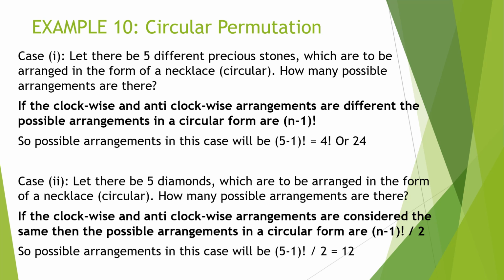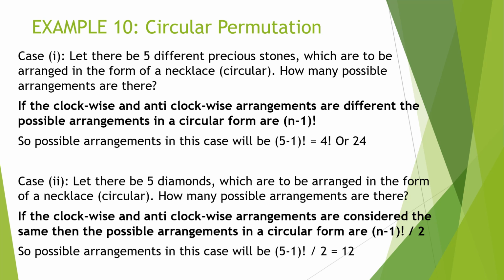What is circular permutation? First of all, the first case is, suppose there are 5 different precious stones which you want to arrange in the form of a necklace. Necklace means circular. How many possible arrangements are there? Now see, what is the rule? If the clockwise and anti-clockwise arrangements are different, then the possible arrangements in the circular fashion are n minus 1 factorial. Now remember, there are 5 different stones.